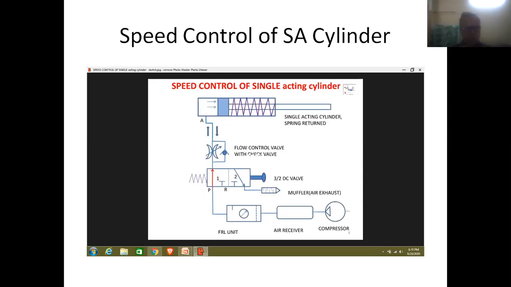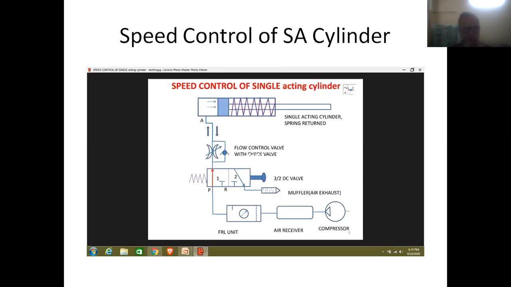So friends, basically this is called a system pipeline, divided into different components or different branches. So initially the system pipeline will be sending the fluid from the DC valve to the flow regulator. And finally, it will be sending the fluid from the flow regulator into the single acting cylinder.